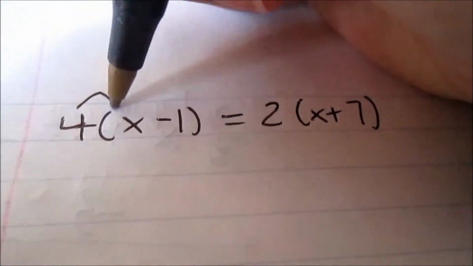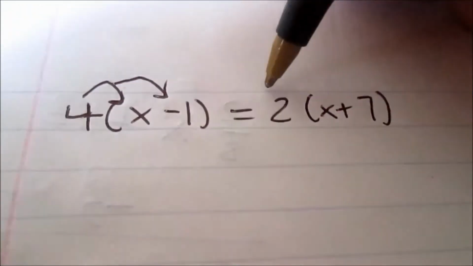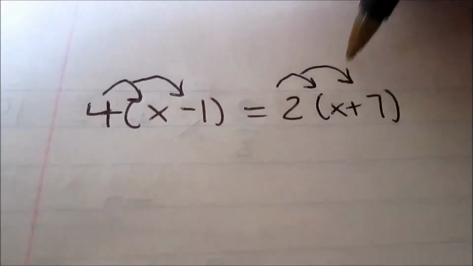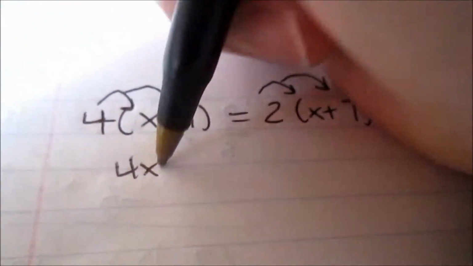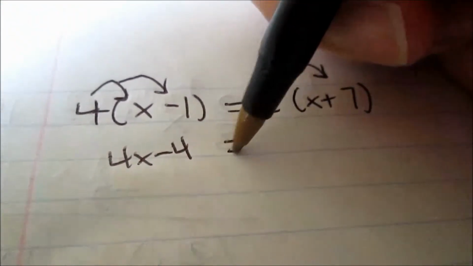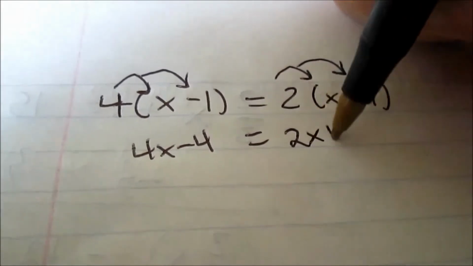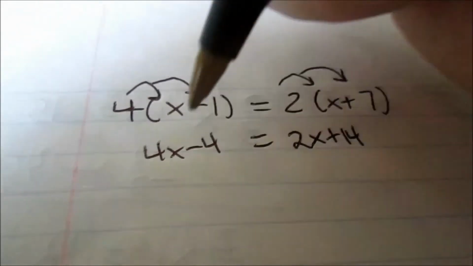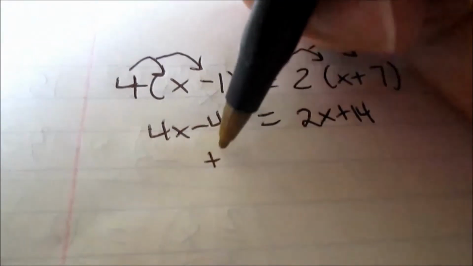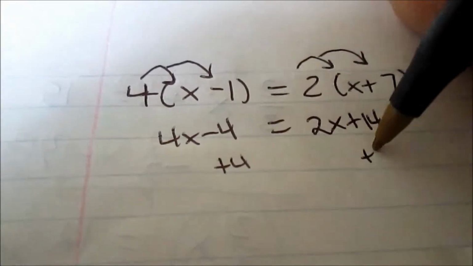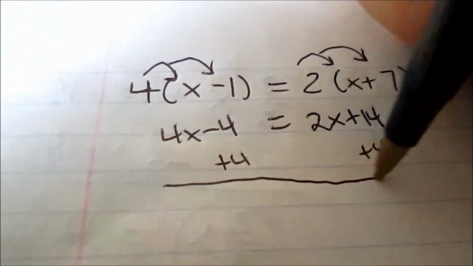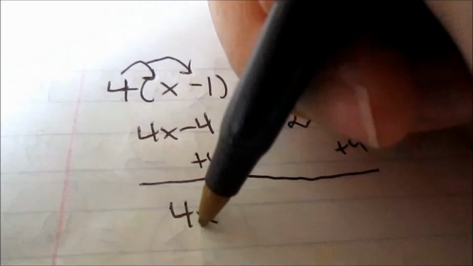Now, this is two things: variables on both sides of the equation and distributing. The outside number needs to be multiplied by whatever is inside, both of the terms. Same thing on the right side, 2 times x and 2 times 7. Okay, now I'm going to move the numbers to one side. So I'm going to take out negative 4 by adding 4 on both sides.